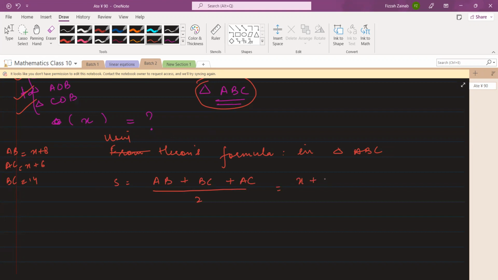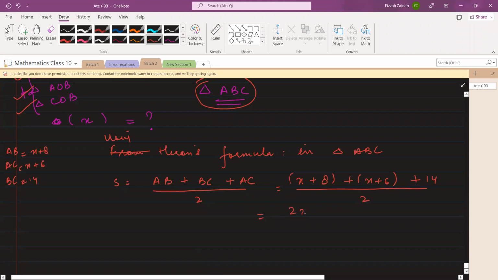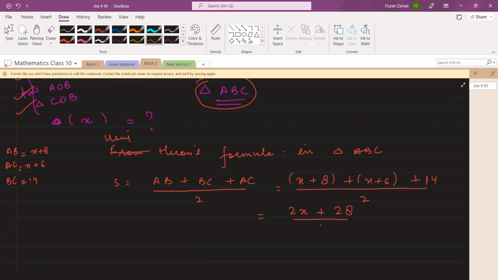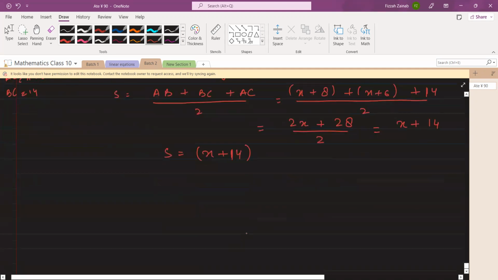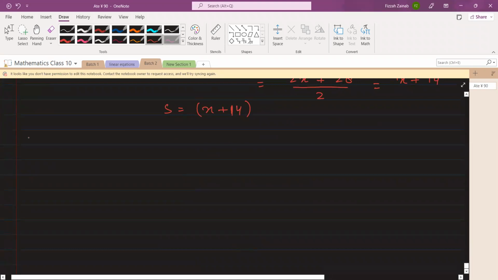So this is x plus 8 plus x plus 6 plus 14, divided by 2. So that gives me 2x plus 28, since 8 and 6 is 14 and 14 plus 14 is 28, divided by 2. So you can take 2 common, and it will be x plus 14, right? Yes. S is x plus 14. Okay. So now the area of triangle ABC.